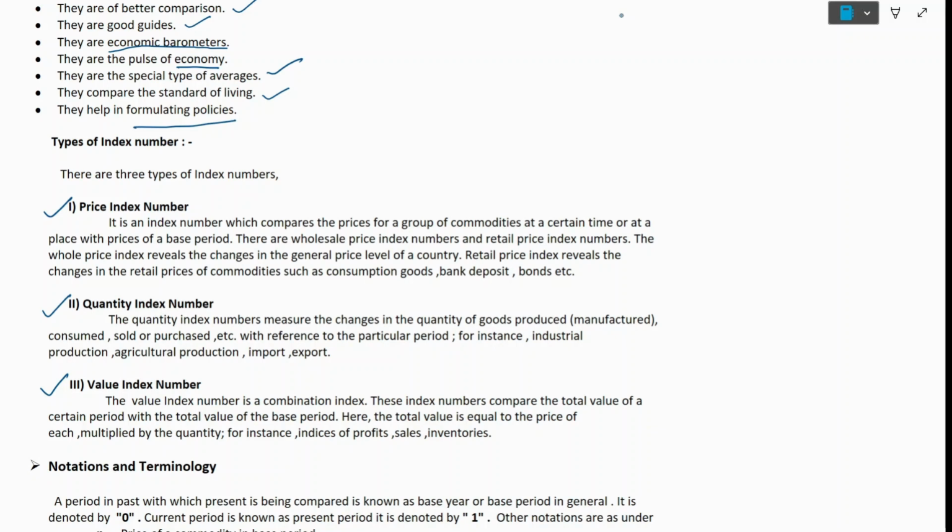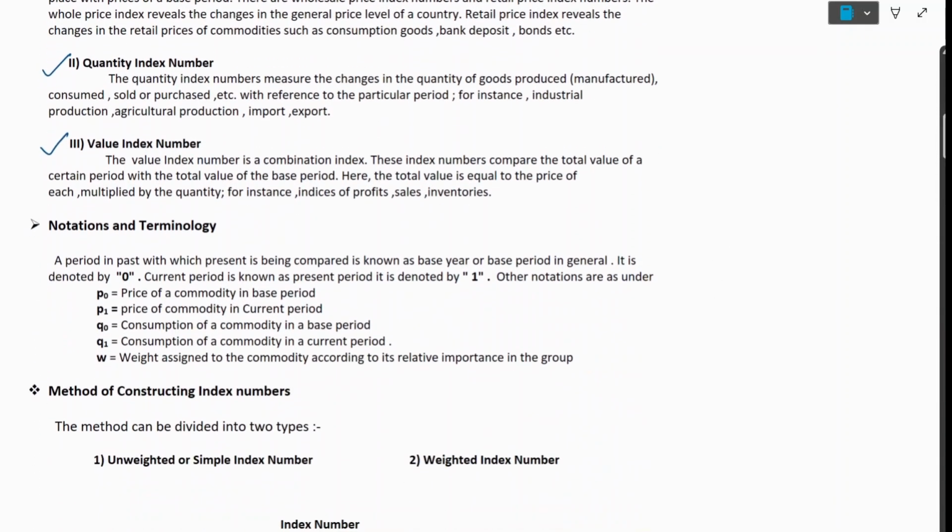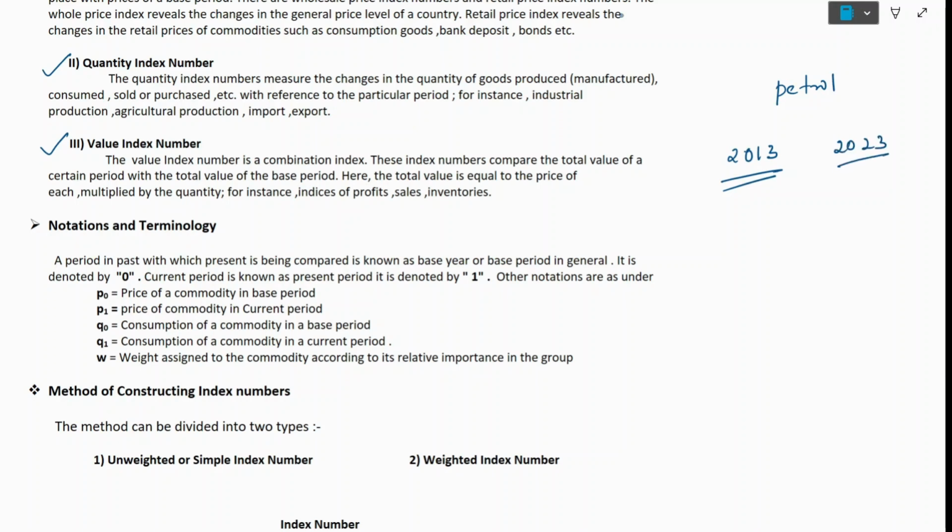Before going to the price index number, we need to know the notations we are going to use for the remaining part. For example, if you are comparing the price of petrol across years, that is the 2013 petrol price and the 2023 petrol price, what you are comparing is the price.